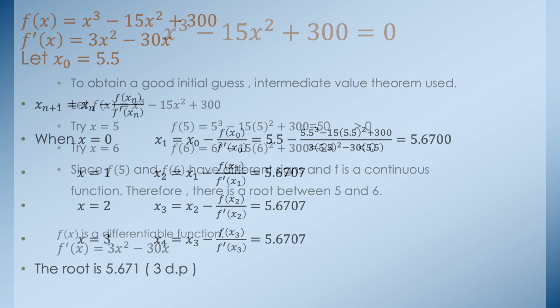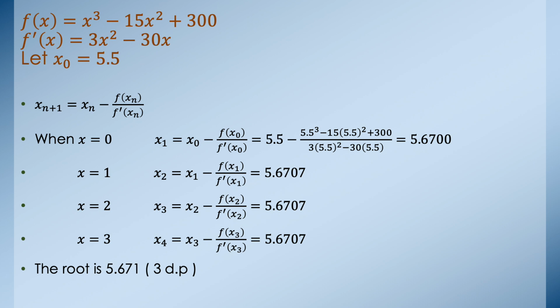The following step of the solution, we have to apply the Newton-Raphson method to find the approximate root of the function f of x equal to x to the power 3 minus 15x squared plus 300. After differentiating with respect to x, we have f prime of x equal to 3x squared minus 30x.